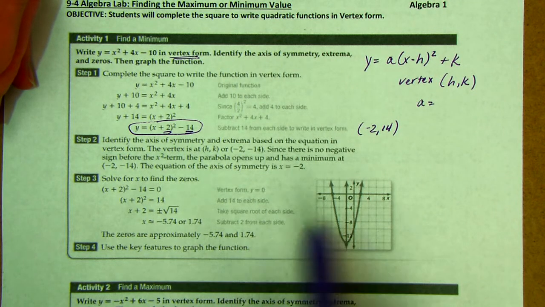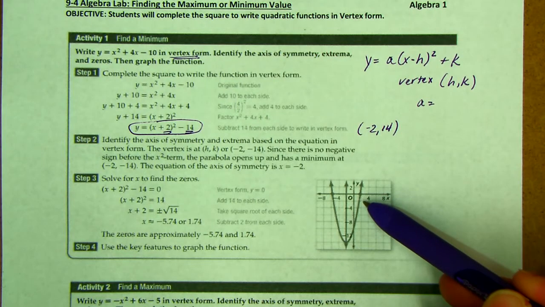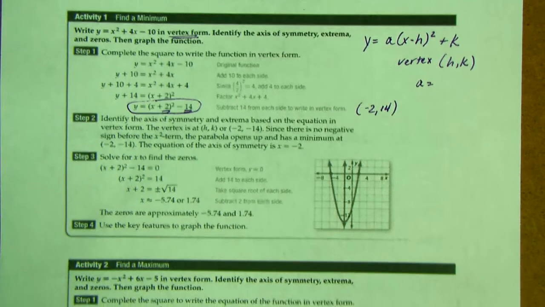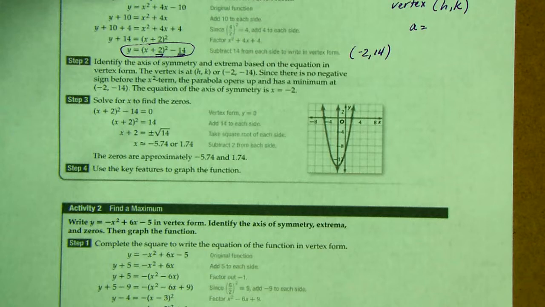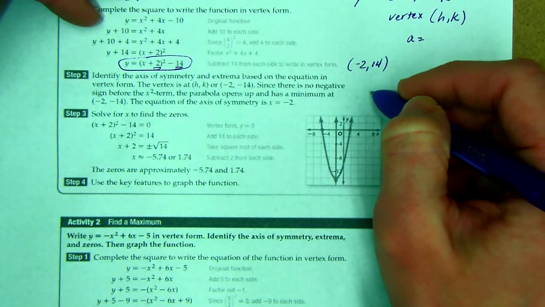So it's just one more use. We're tying all of these skills together, and we're going to continue to use them. All right, and remember, your vertex always gives you your axis of symmetry. In this case, it would have been x equals negative 2, right here.